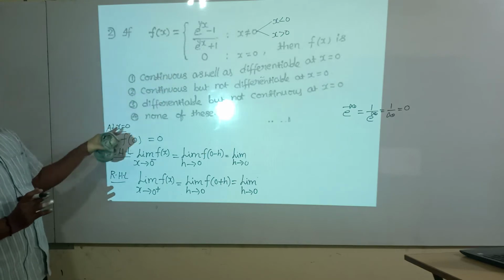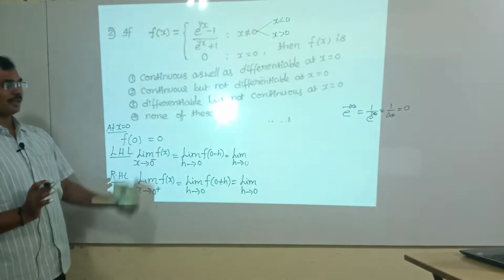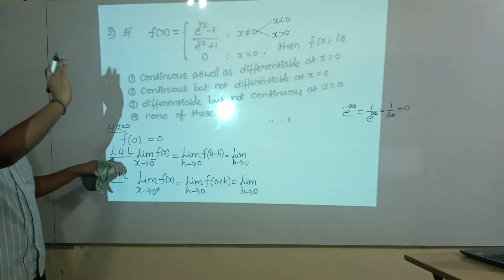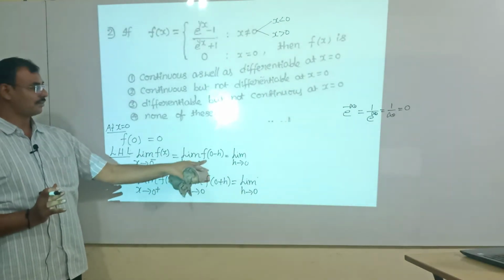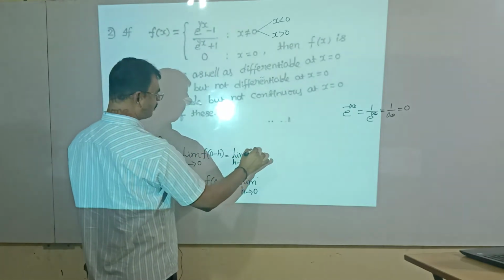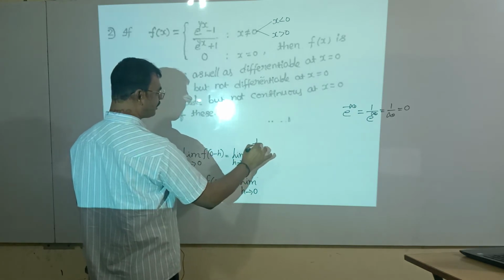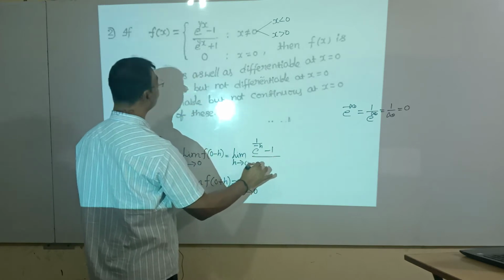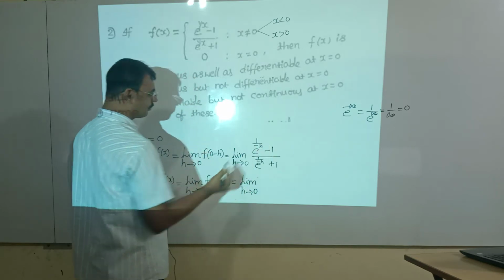Firstly, when x is equal to 0, f of 0 is 0, it is clear, that is written already. Now left hand limit, that is smaller than 0, the function is the same, I should write like this. Now I have to substitute here directly, that is e raised to 1 divided by minus h minus 1 upon e raised to 1 divided by minus h plus 1.